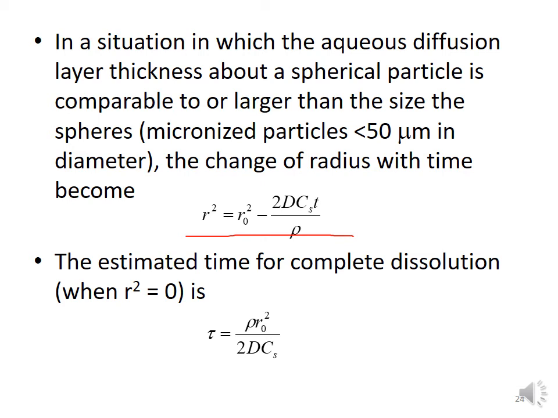The estimated time for complete dissolution, when the radius becomes 0, can be calculated using this equation, where the estimated time equals the density multiplied by the original radius squared, divided by twice the diffusion coefficient multiplied by the solubility.